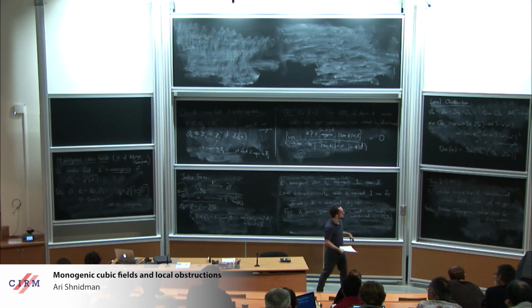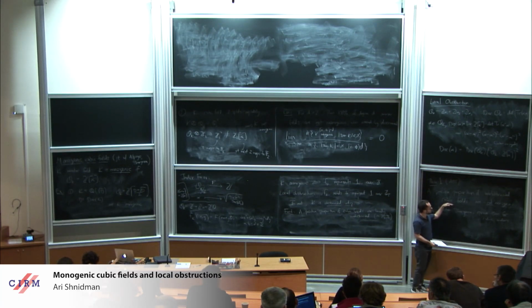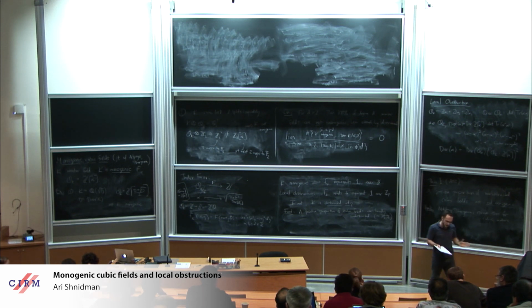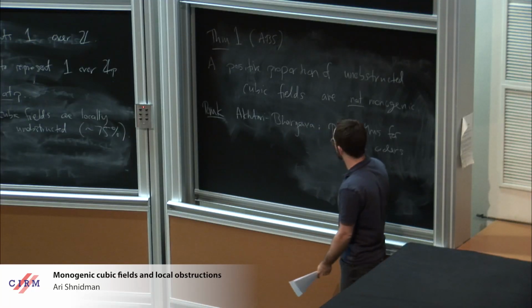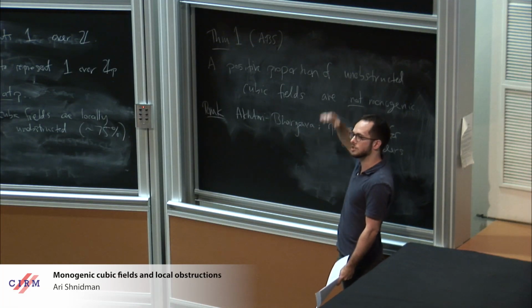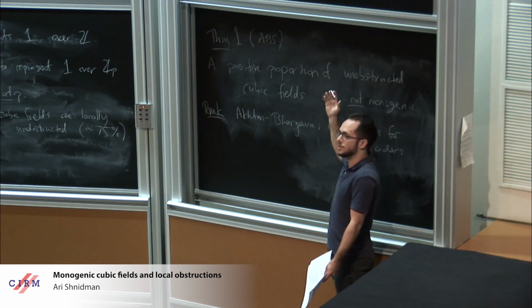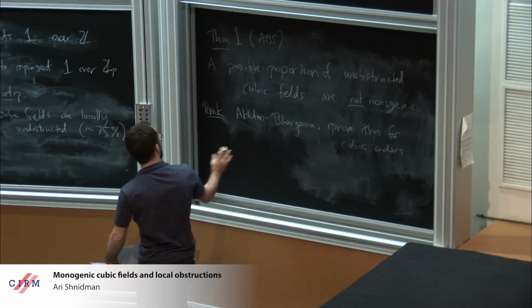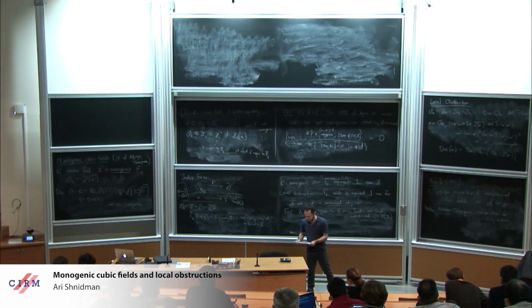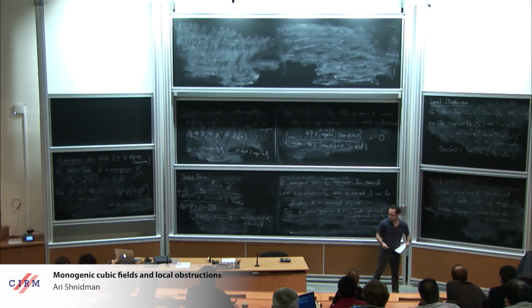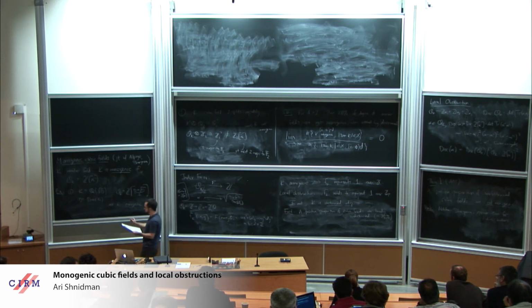And they prove this exact statement, but where you replace cubic fields with cubic orders. But the method of proof, which is through Thue equation analysis, all the cubic orders that they're saying anything about are not rings of integers of cubic fields. So they don't end up saying anything about cubic fields. Okay. Any questions on the statement of that first theorem?